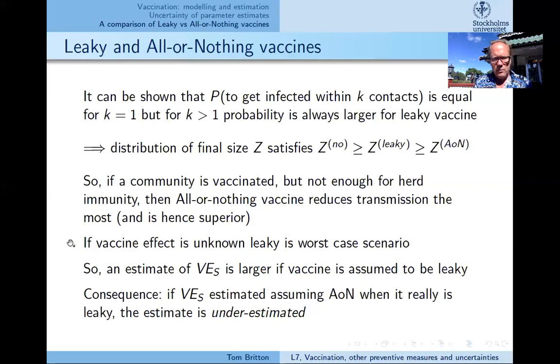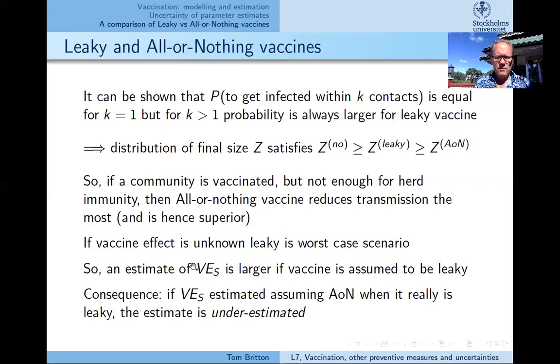However, a more reasonable description is the following. If you have a vaccine and you don't know if it is leaky or all or none, then the leaky one is the worst case scenario. So if you want to be conservative, you should assume that it is a leaky one.